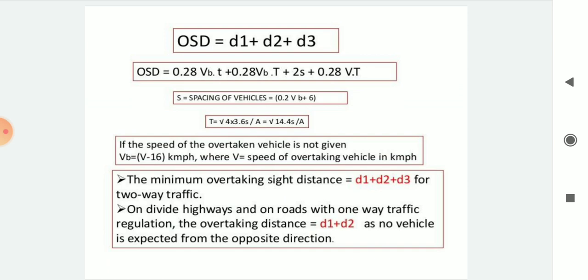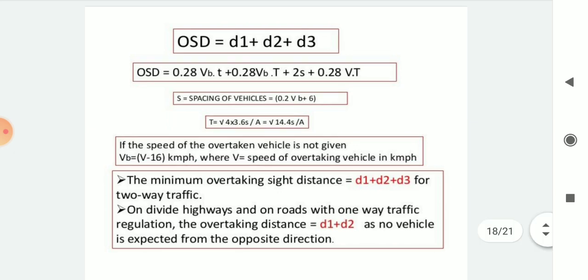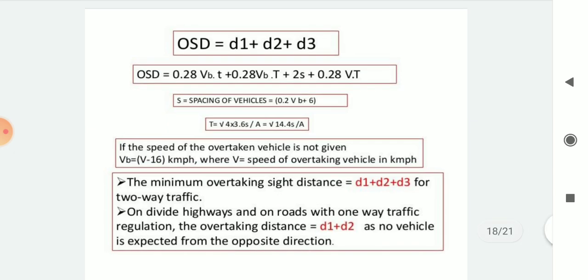Capital T is equal to square root of 4 into 3.6 S divided by A, which is equal to square root of 14.4 S divided by A. If the speed of the overtaken vehicle is not given, Vb is equal to V minus 16 km per hour, where V is the speed of the overtaking vehicle in km per hour.